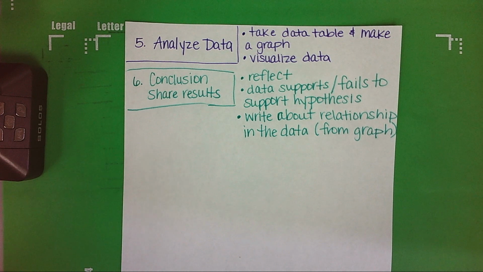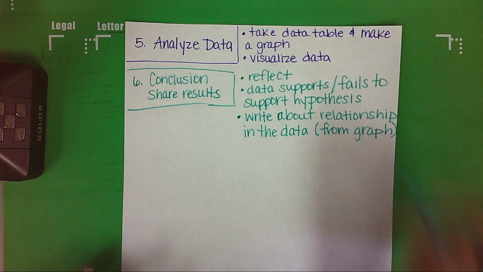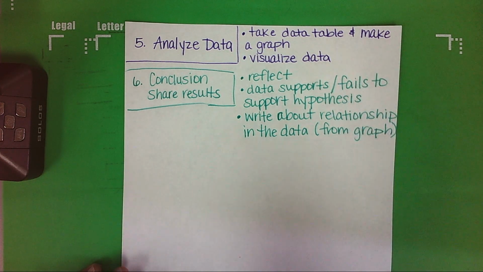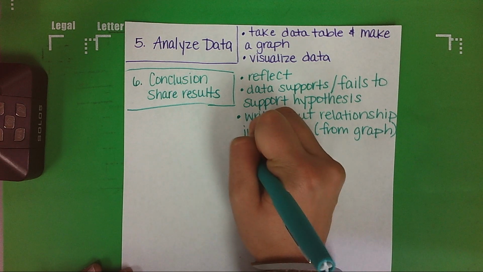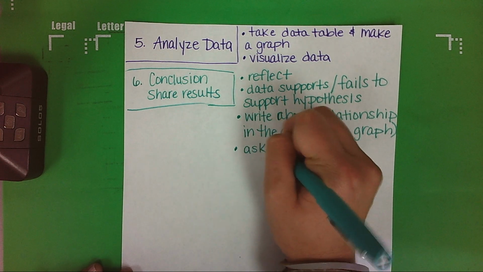So after you have tested it, you have data to either support your hypothesis that yes, this does happen, and this is where you're going to figure out whether maybe it didn't support it. So then you're going to ask more questions.